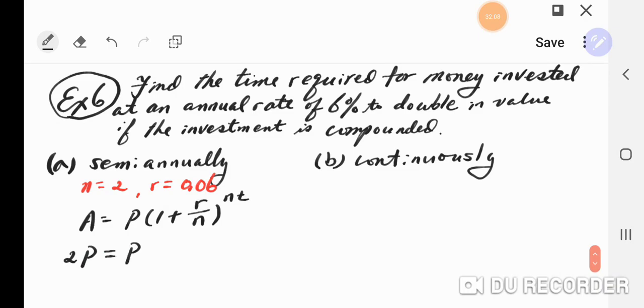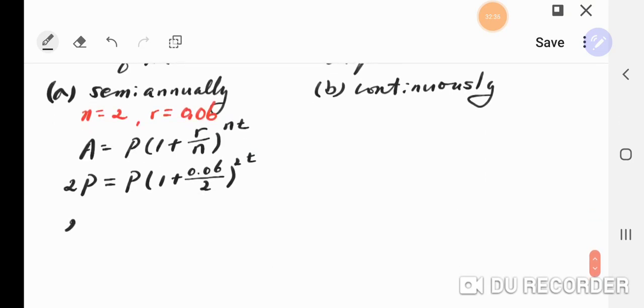Because P is the principal, the initial amount, and P is doubled, so it will be 2P after t years. So it will be 1 plus 0.06 over 2, because the number of times per year is twice, since this is semi-annually, and then raised to the 2t. So we can cancel out this P. We want to find the value of t.